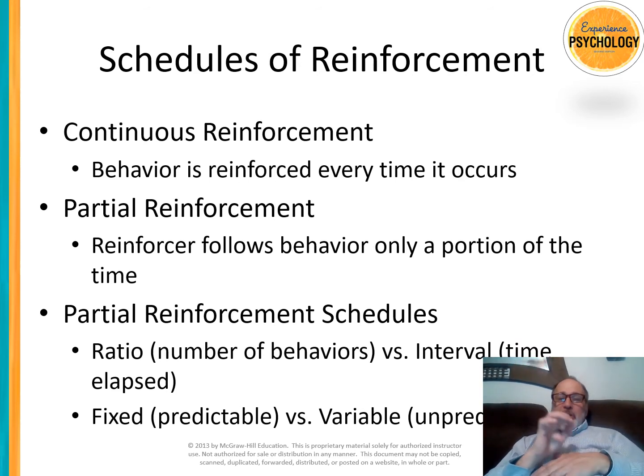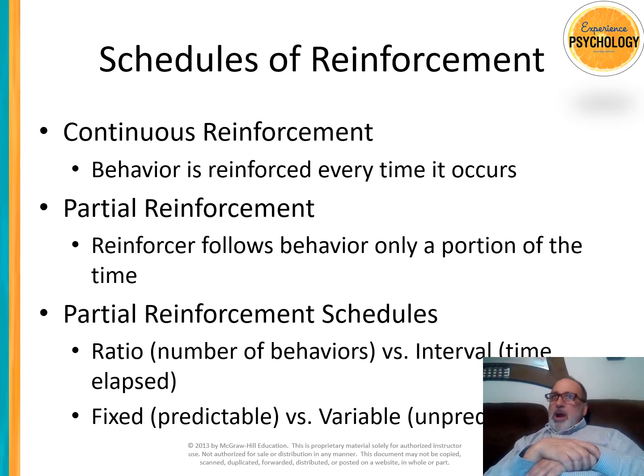Okay, now here's another one that is somewhat difficult, but when you think about it, it's not difficult at all. I'm going to try and give you some examples with these. So, continuous reinforcement. That means the behavior is going to be reinforced every time. I'm trying to teach my dog to sit.